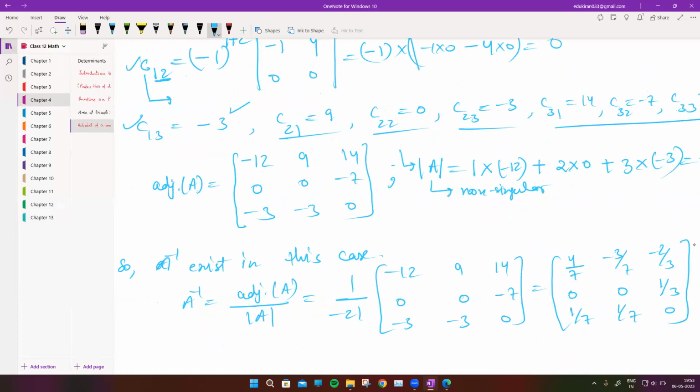I needed the determinant of this. I took the first row of the matrix and multiplied each element with its corresponding cofactor.